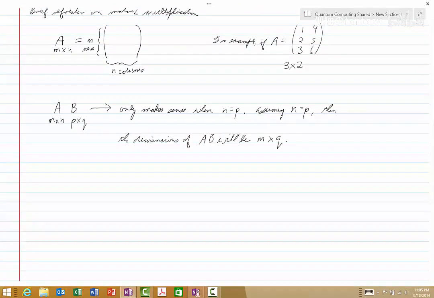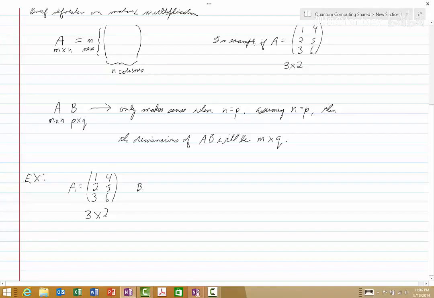Now let's look at an example. Let's keep the A that we have identified above: 1, 2, 3, 4, 5, 6. We have already identified that this is 3 by 2, 3 rows and 2 columns, and that means M is equal to 3, N is equal to 2.